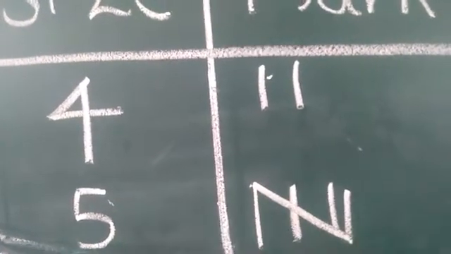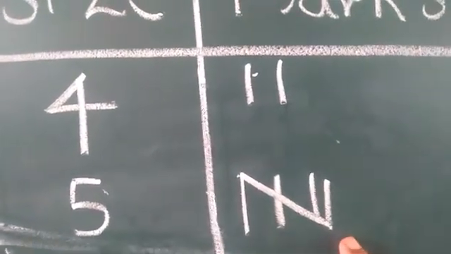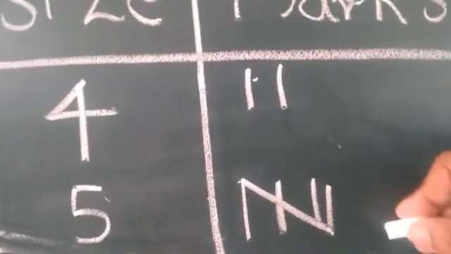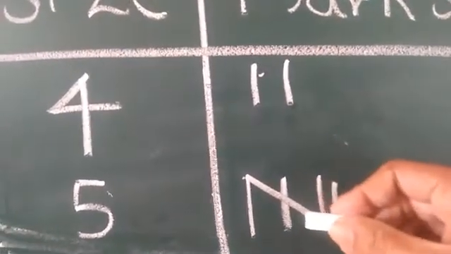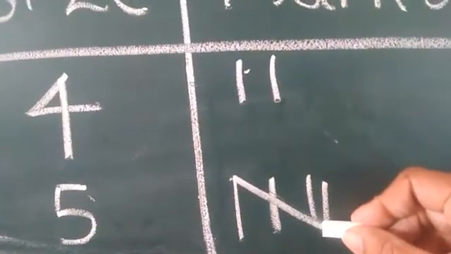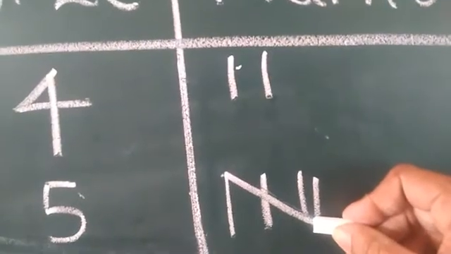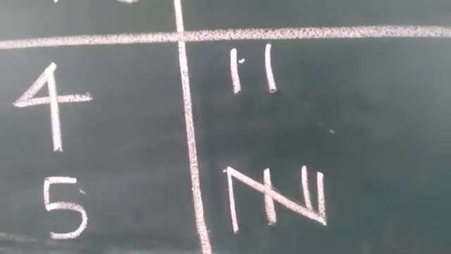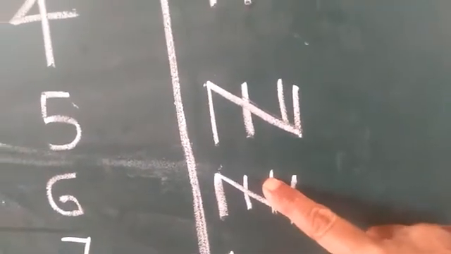This means this 5 occurred 5 times. Don't put 5 lines like this. Instead, after 4 lines, at the 5th position, we will put a cross like this. This means 5 occurred 5 times. Understood? Again 6 comes 5 times.